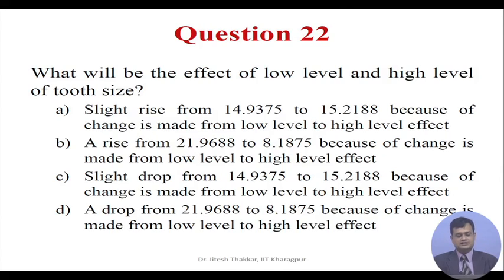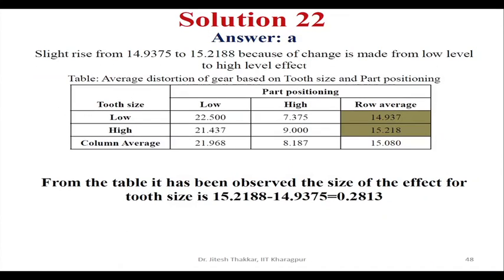Will there be a slight drop as option C, or D, a drop from 21.9688 to 8.1875? So, the correct answer is A, a slight rise from 14.9375 to 15.2188.